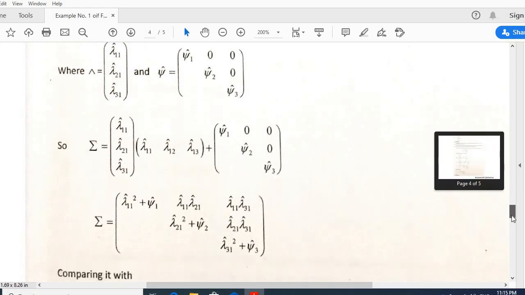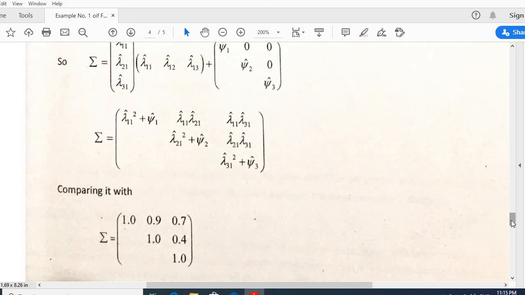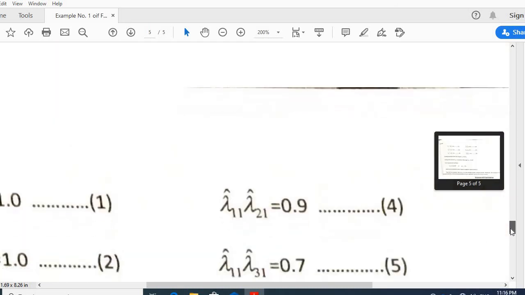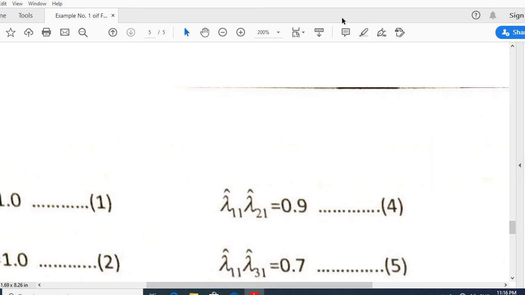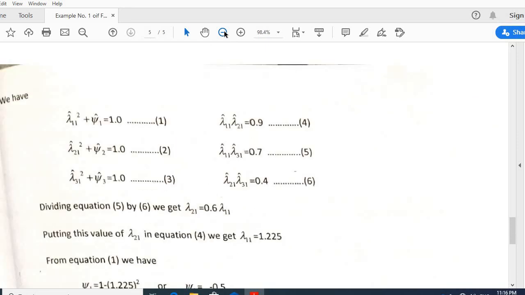Now what's the problem? Comparing it, Sigma is equal to 1.0, 0.9, 0.7, 1, 0.4 and 1. Let me minimize this text so that it may become readable.